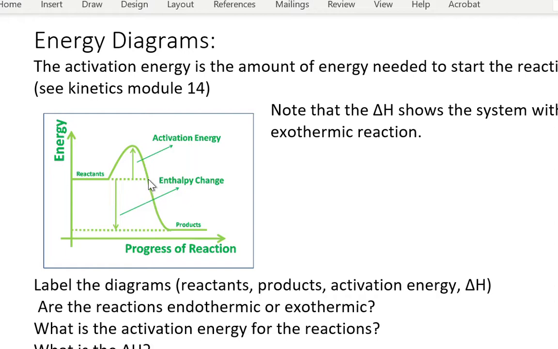Once you've done that, then you have an enthalpy change. If it's an exothermic reaction, you end up with your products at a lower energy level, and the difference between this line right there and that line right there is your change in enthalpy. All right, let's look at some diagrams and then have you label them.